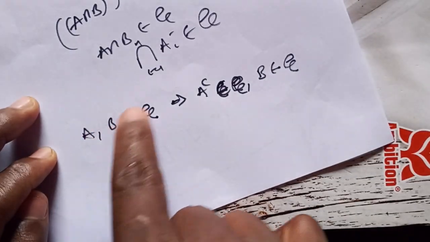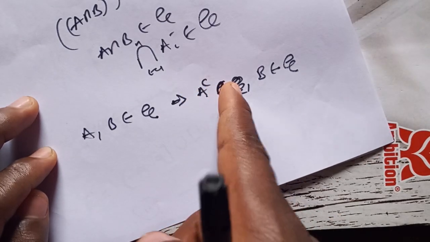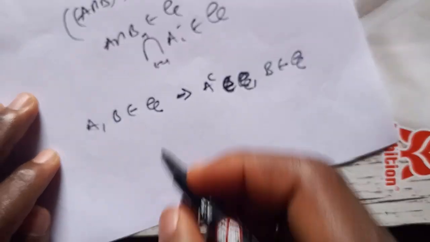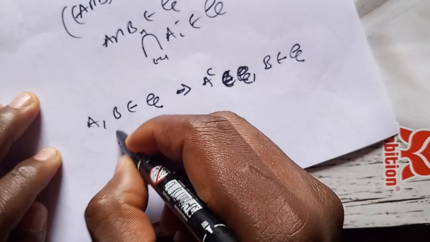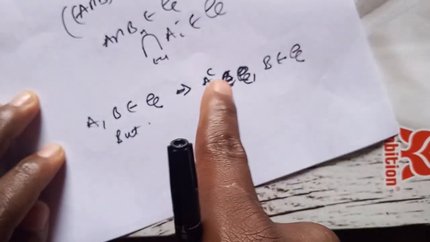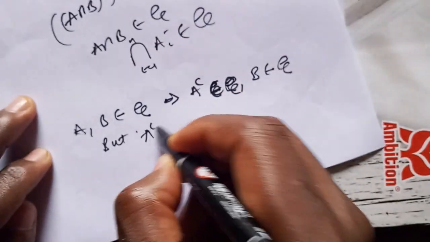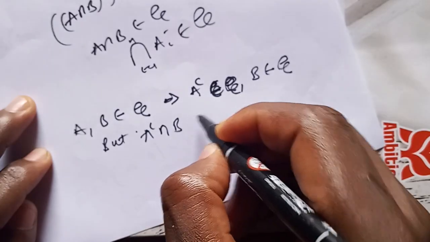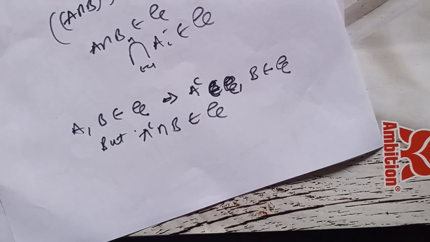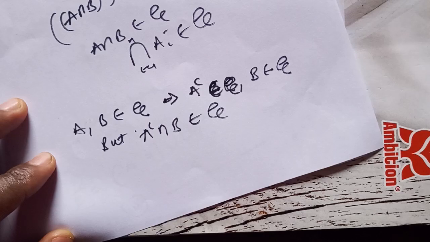So if A and B are in the algebra, by property 2, A complement must be inside the algebra, and B must also be in the algebra. Since A complement is in the algebra and B is also in the algebra, then A complement intersect B must also be in the algebra.